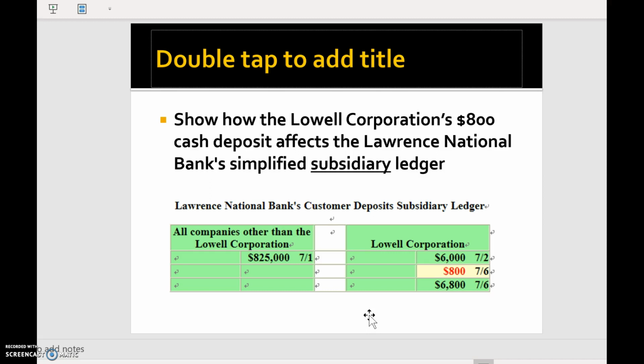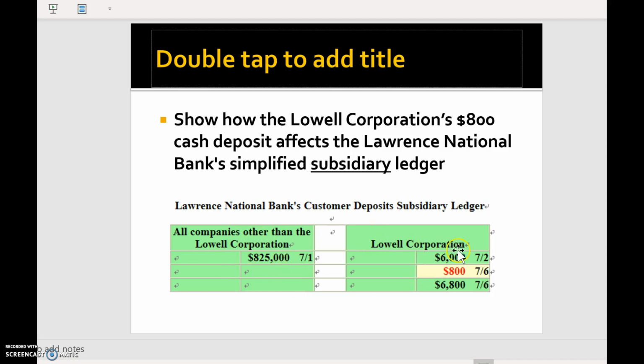In subsidiary accounts, the bank has a lot of accounts about its customers. We pool everybody else in one T account, just for simplicity, for showing purposes. That's one T account for all companies other than Lowell. Actually, in practice, there are hundreds, thousands, even millions of accounts, just like the Lowell account. So this is just for simplicity.